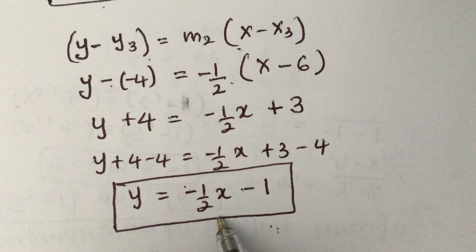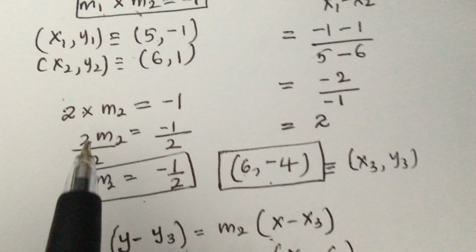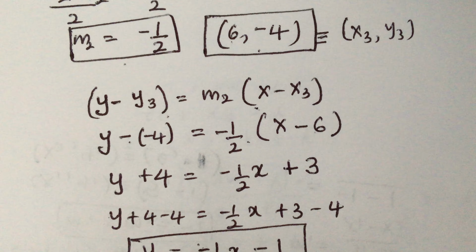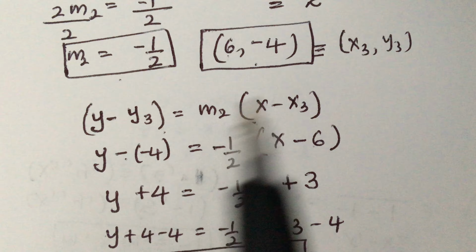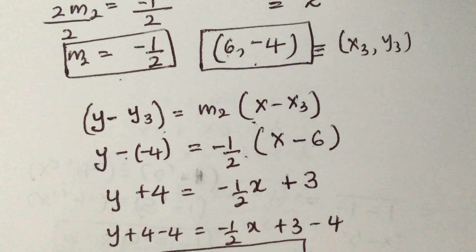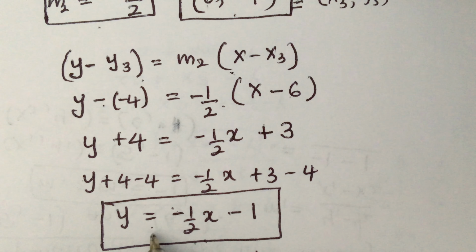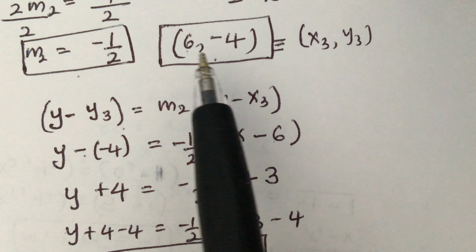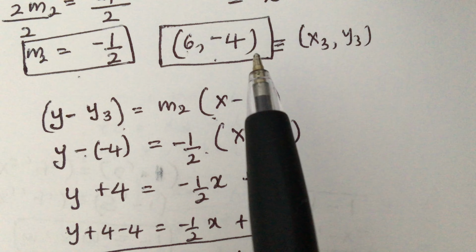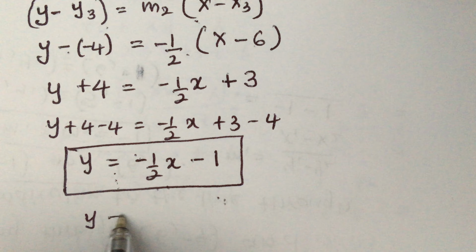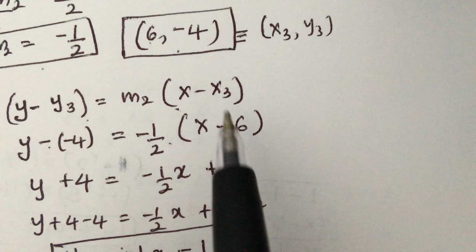So this line is perpendicular to the line passing through (5, -1) and (6, 1), and also this line passes through the point (6, -4), right? So you can verify this line using this coordinate. You can substitute these values x3 and y3 on this line to get, let's see, y equals -1/2 times my x3 which is 6.